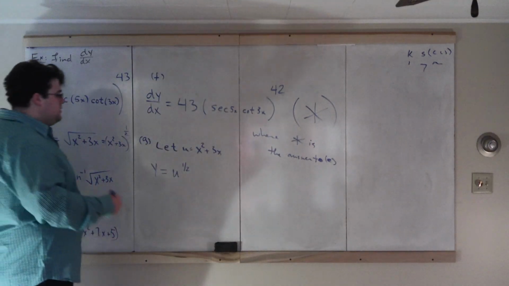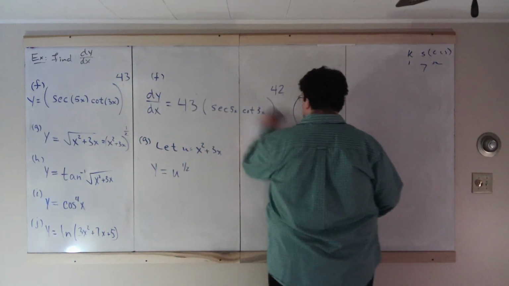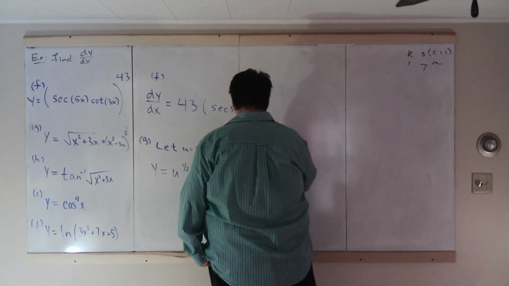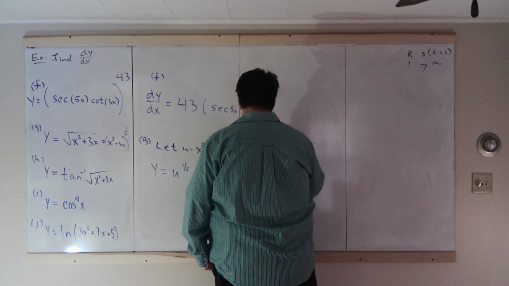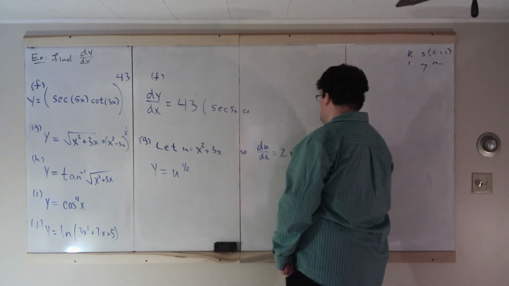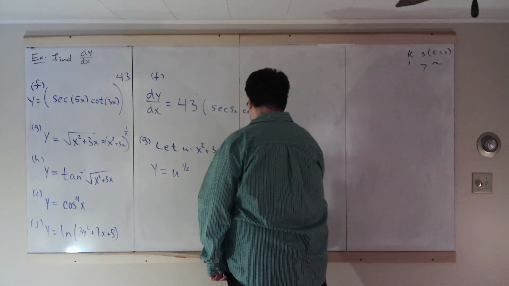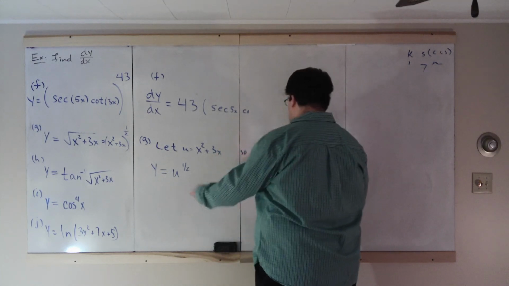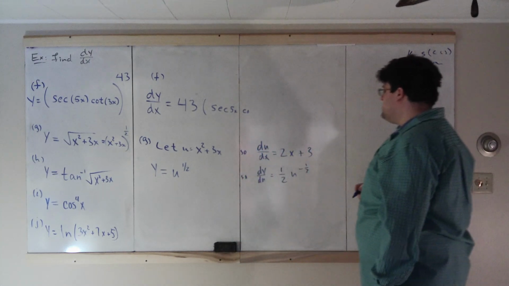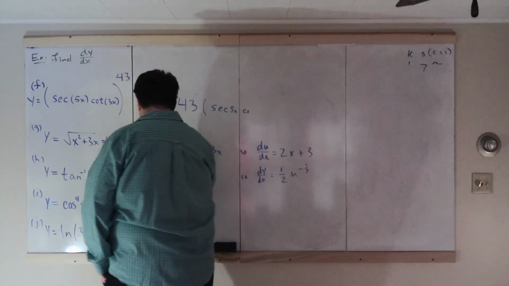And now we can do dy/du times du/dx. I'm going to erase this so it's out of the way. So du/dx is 2x plus 3. dy/du is what? Well, it's u to the 1/2, so it's a half u to the half minus 1, so half u to the negative half. Well, then we can find dy/dx.